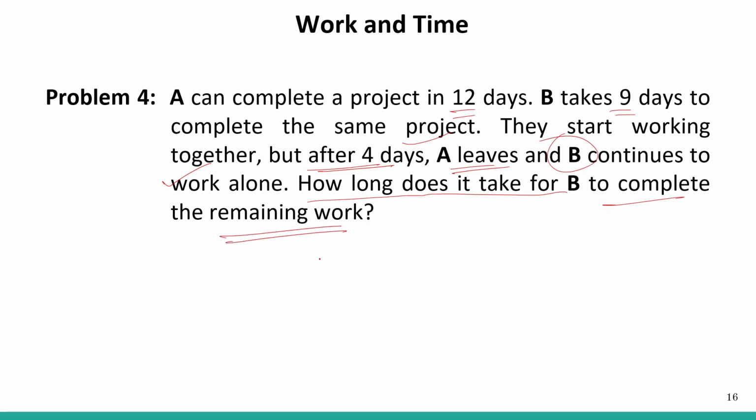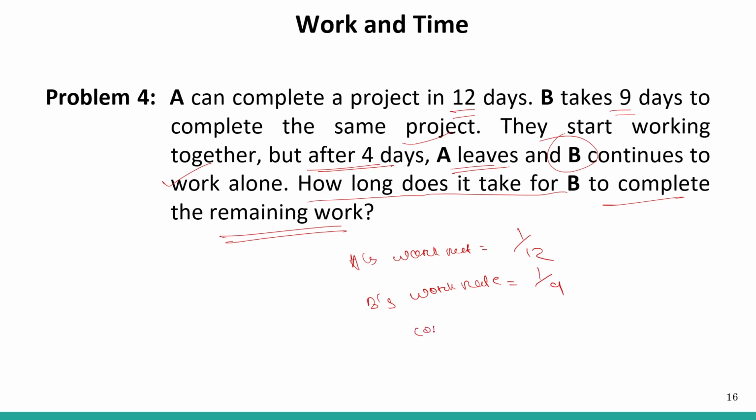Okay, so A and B combinedly worked for 4 days. So let's work out their fractional work done. First let's calculate their individual work rates. A's work rate is equal to 1 by 12. B's work rate is equal to 1 by 9.